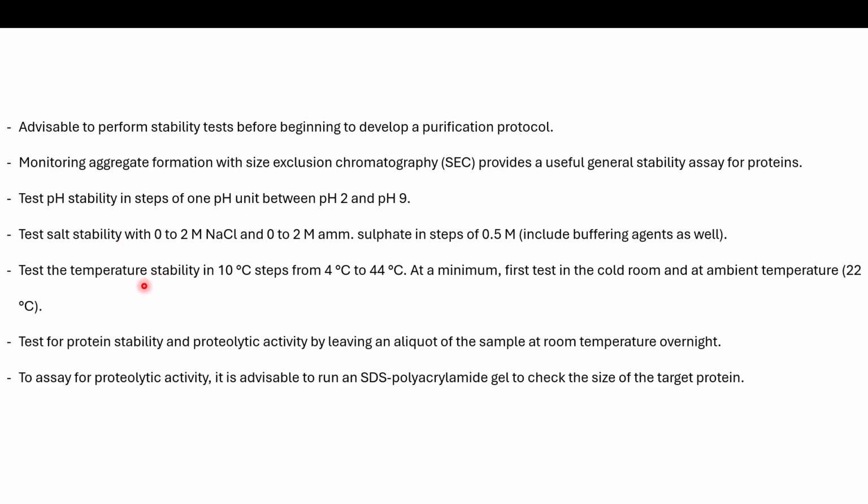I was talking about how some proteins denature very easily at room temperature, so they always have to be maintained in cold conditions. Then one has to test for protein stability and proteolytic activity. To assay for the proteolytic activity, we looked at SDS-PAGE. So one can always check the integrity and purity of the protein on an SDS-PAGE as well.